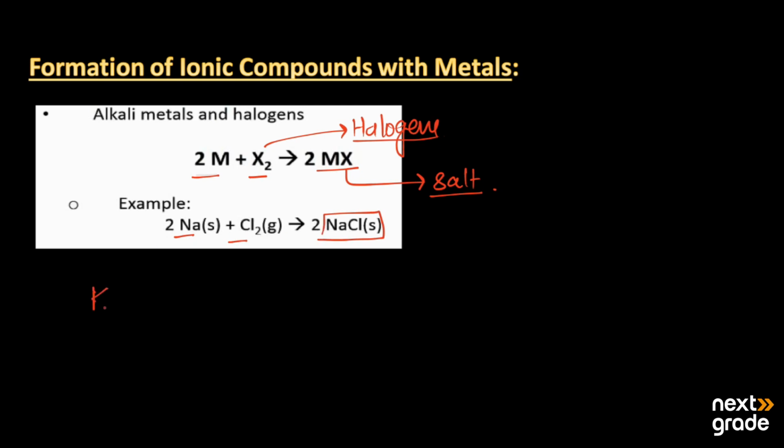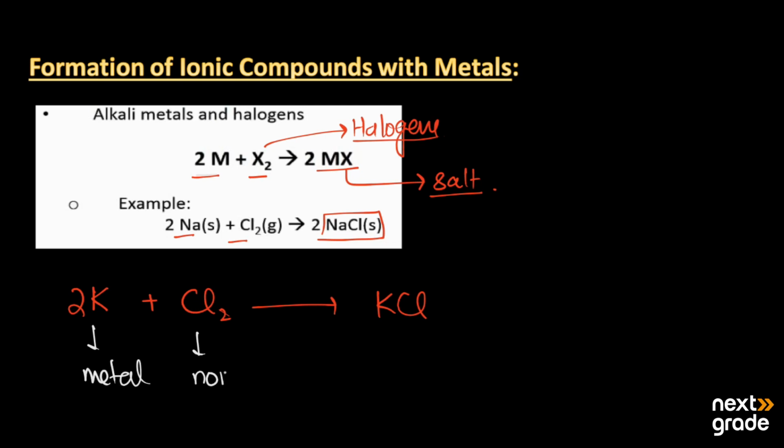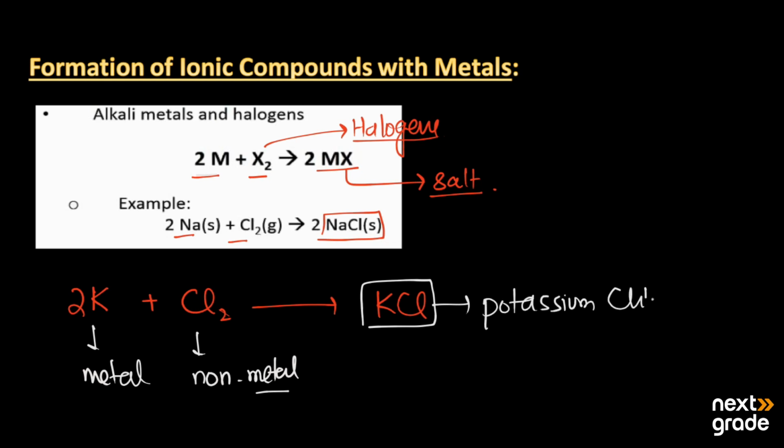Another example is potassium, a metal, reacting with chlorine. It forms potassium chloride, where potassium is a metal and chlorine is a non-metal, forming a salt named potassium chloride.